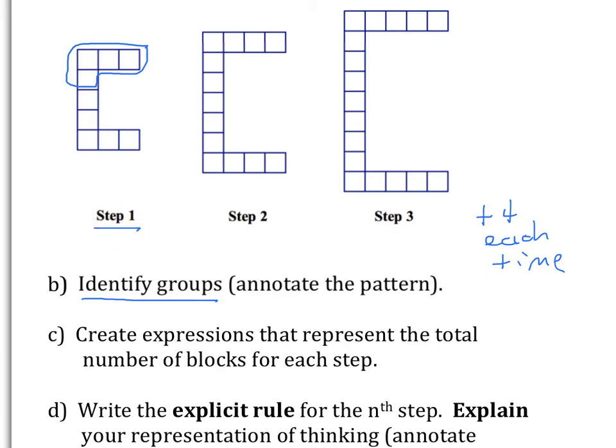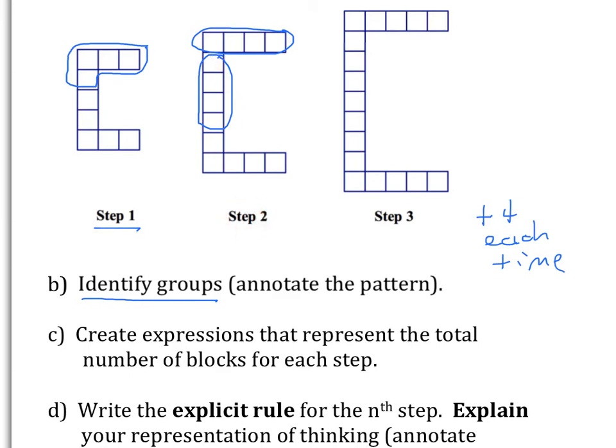Alright, so in step 2, I'm going to circle another group of 4 and another group of 4. And again, each of these groups has 1, 2, 3, 4, 1, 2, 3, 4, but notice there is one group, two groups, because I'm in step 2.